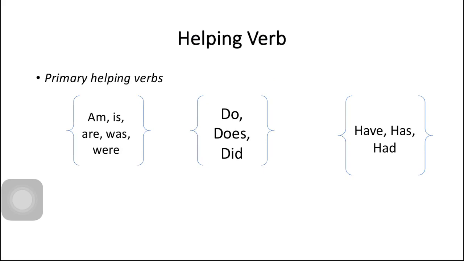The main part of the verb is the heart. Next come the helping verbs. In helping verbs there are also two parts, and the first part is the primary helping verbs. The primary helping verbs are the to be form, the to do form, and the to have form.